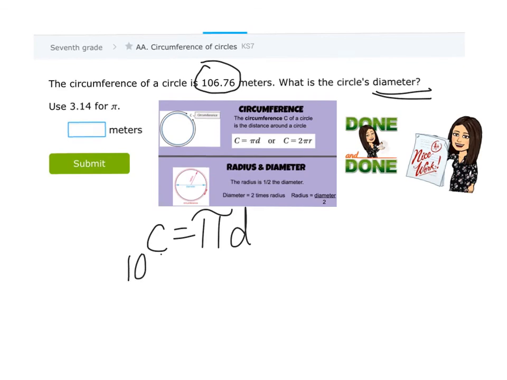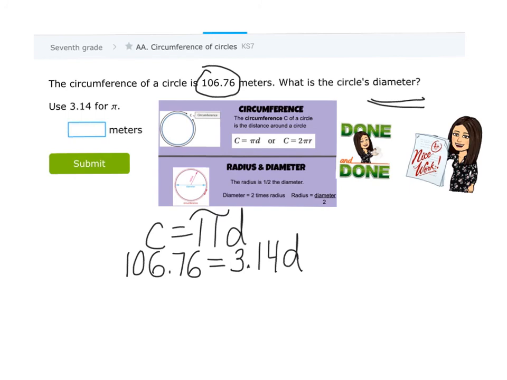So 106.76 equals 3.14 D. So basically what we have right now is a one-step equation. So 3.14 D means 3.14 times D. So we need to do the opposite of multiply to undo and get D by itself.